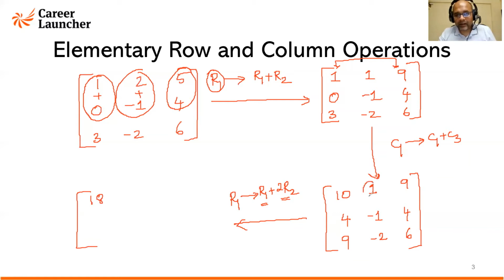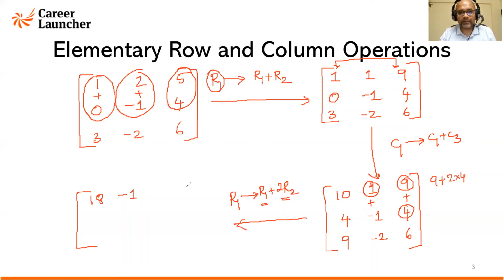Now 1 plus 2 times minus 1. 2 times minus 1. That is 1 minus 2, which is minus 1, negative 1. 9 plus, remember 9 plus this 4, but 2 times of it. 2 times 4.